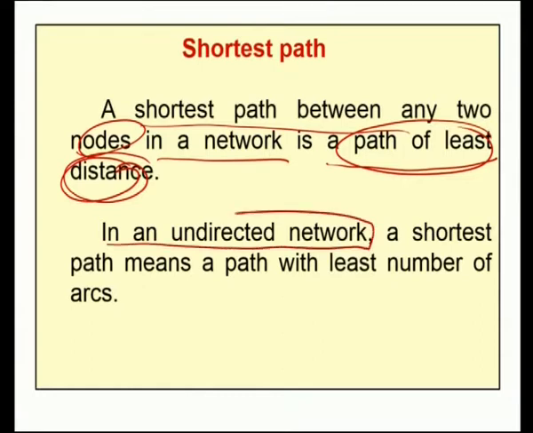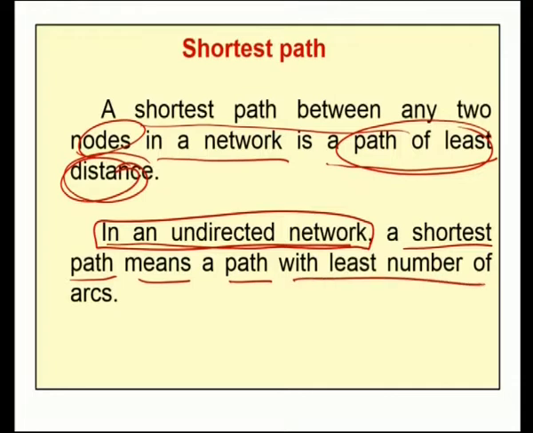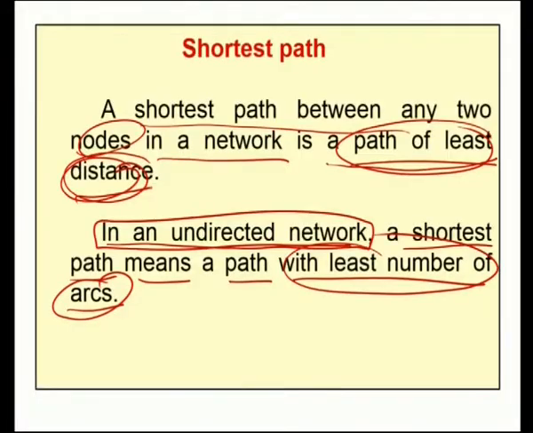That is the next question. In an undirected network, a shortest path means a path with least number of arcs, or least number of edges. So, for a directed graph, shortest path means a path of least distance. For an undirected graph, shortest path means a path with least number of arcs.